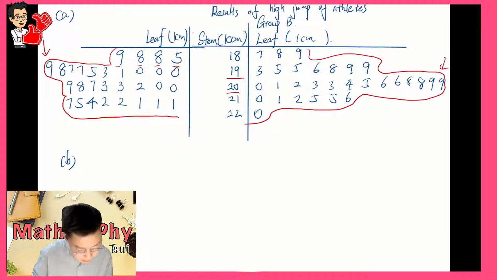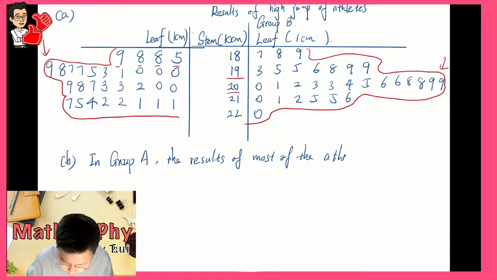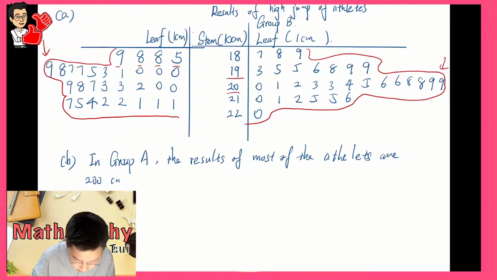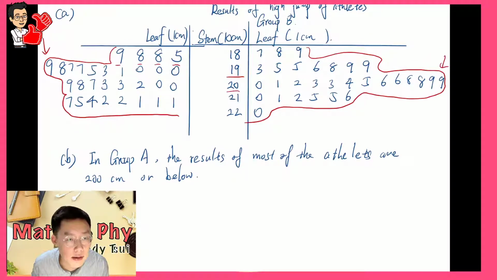Okay, so for this part, I can write this down. In group A, the results of most of the athletes are 200 cm or below, because most of the athletes are 190 something, for example 199, 198.